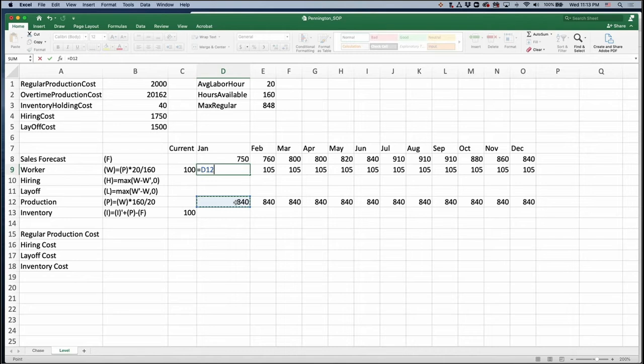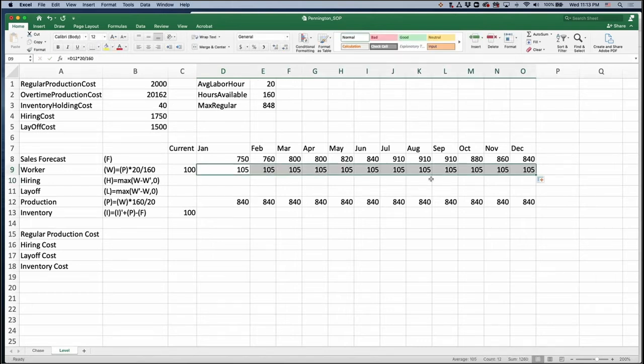So you can set the production level, then the worker level is 840 times 20 divided by 160. Then you can copy this across.